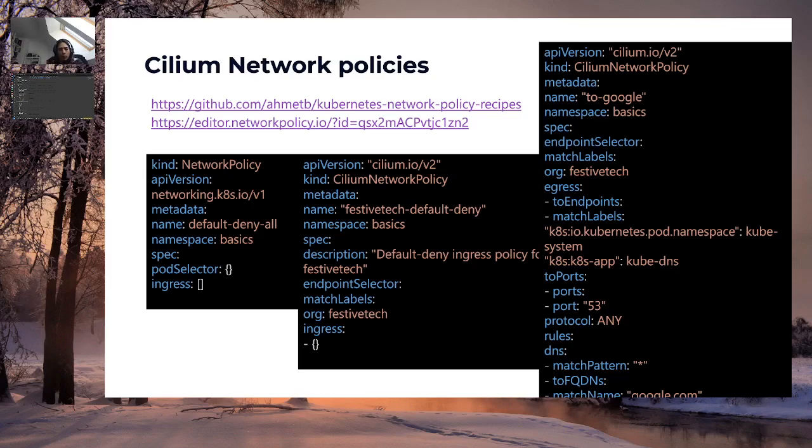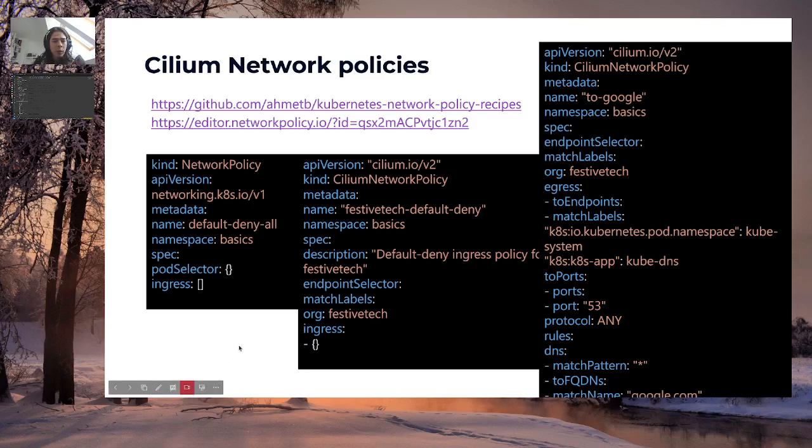In the middle we have a Cilium network policy which only uses level 4 configuration, similar to the classic network policy. Then we have another network policy that allows us to be more restrictive on the traffic that we want to allow. I'll detail that afterward, but for now, just remember that we can do more with Cilium network policy, such as level 7 and FQDN filtering, which is quite interesting.